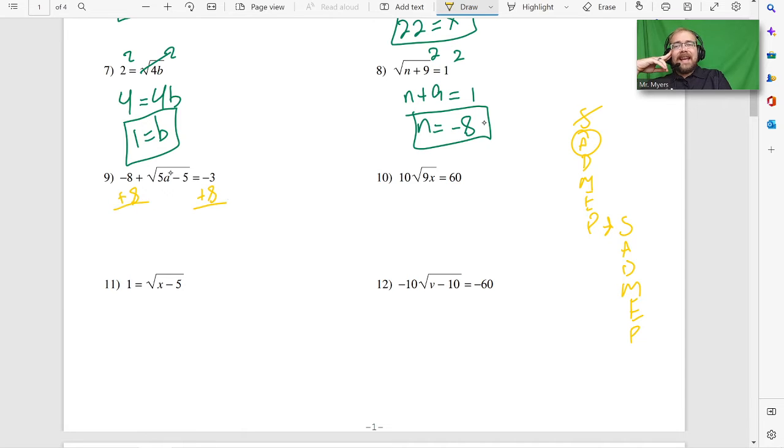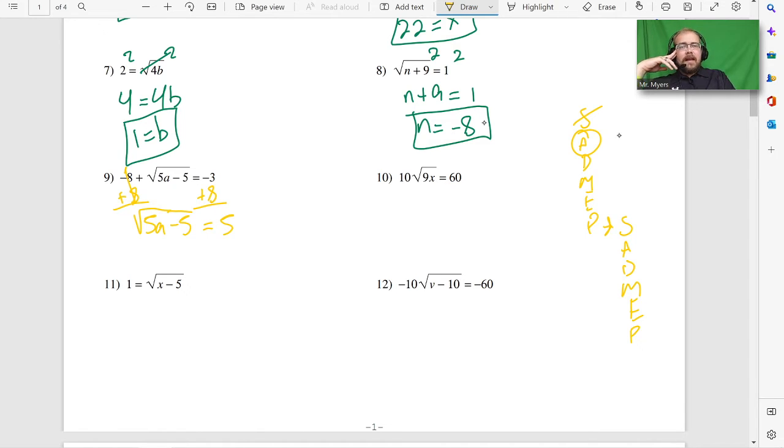So we can't add or subtract anything inside of this square root yet because it's trapped inside of a grouping, or you can call it a parentheses. It's not technically right, but you can call it whatever you want to. So now we have this, and negative 3 plus 8 is 5.